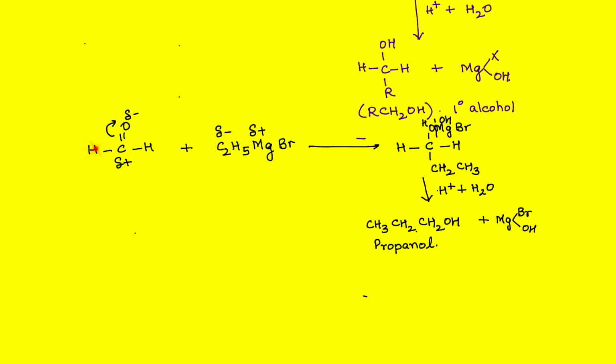Notice the interesting bit. Again, I have started with a compound which has only one carbon atom. But with the help of the Grignard's reagent, I have moved up the chain, and now in my final alcohol, I've got 3 carbon atoms.